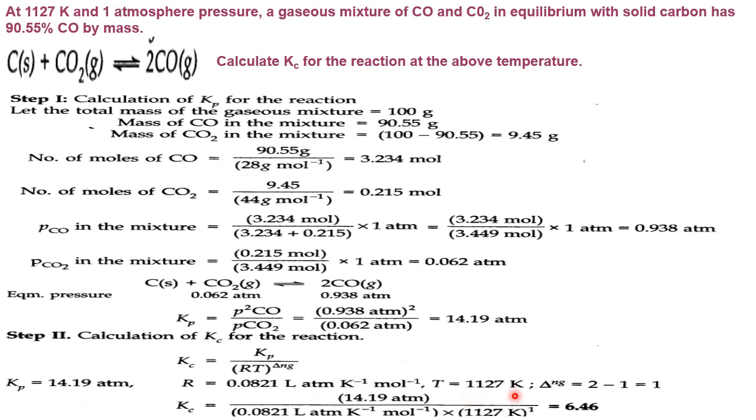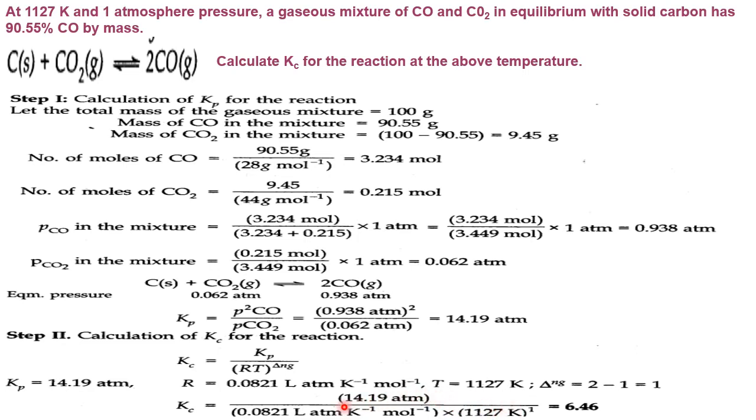Temperature is 1127 Kelvin. Delta ng is the difference in the gaseous moles: RHS 2, LHS 1, so 2 minus 1 is 1. So please substitute all these values. Kc equal to 14.19 atmosphere divided by 0.0821 liter atmosphere per Kelvin per mole into 1127 Kelvin.